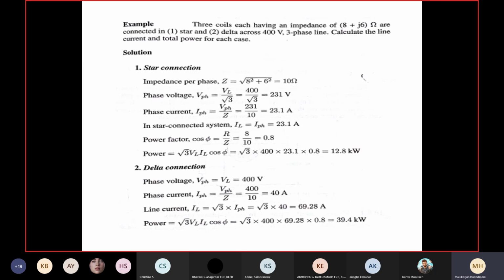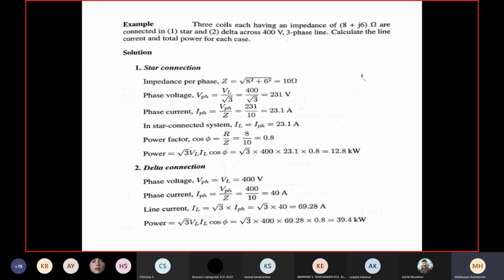So therefore, what is the power of delta? You can see root 3 VL IL cos phi equals root 3 into 400 into 69.28 into cos phi, which as you did earlier, 8 by 10, equals 0.8. Putting in the numerical data, 39.4 kilowatt.